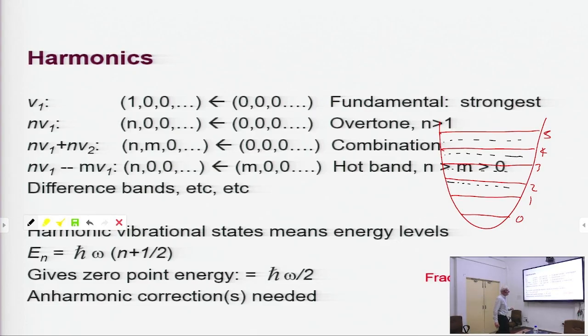So even when you're in the ground state, you have what is called the 0 point energy. And that has consequences, which lead to something called fractionation. I think I'll take a time out and go through that now.